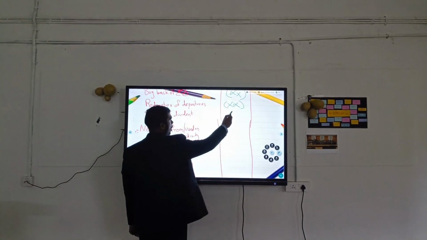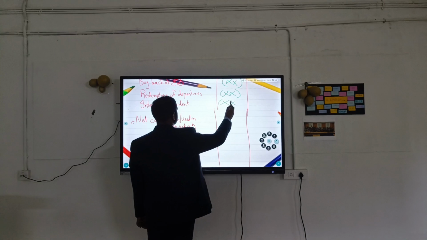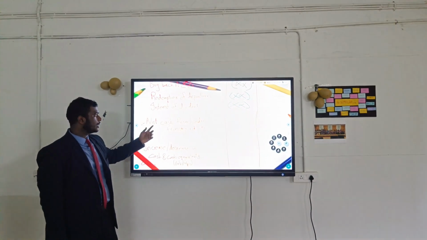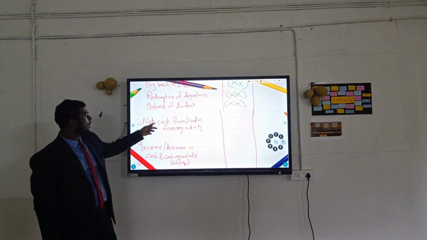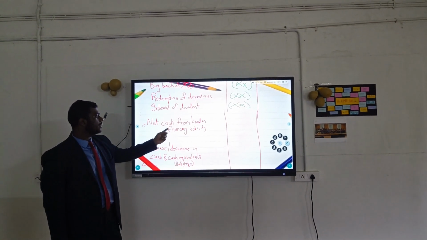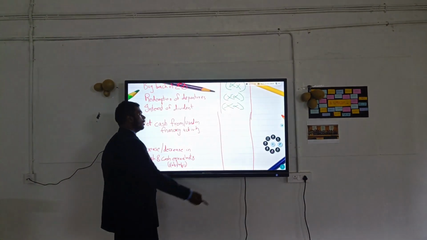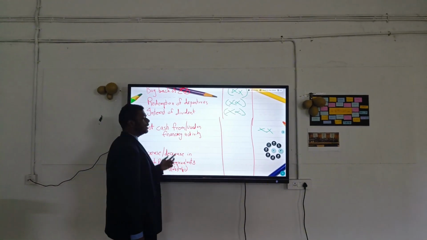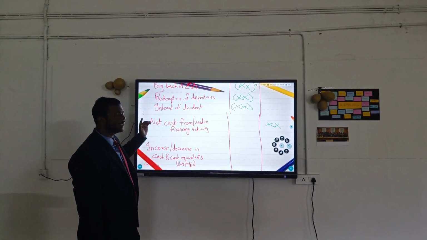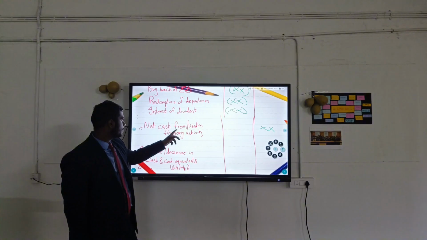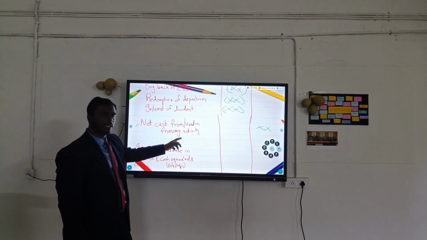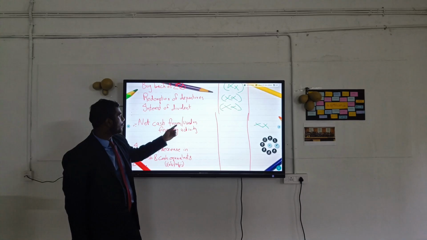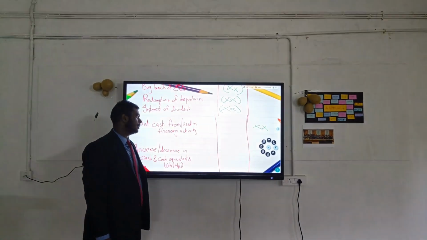It's an outflow. By adding and deducting all these items, you will get the net cash from or used in financing activity. If we are getting a positive figure, as I told earlier, we should write net cash flow from financing activity, and if it's a negative figure, you should write net cash flow used in financing activity.